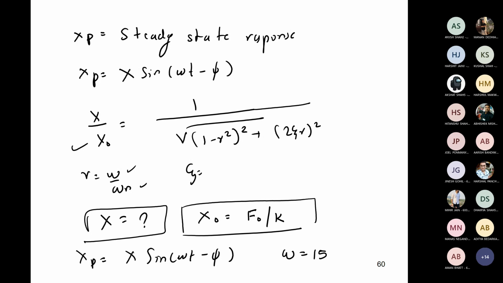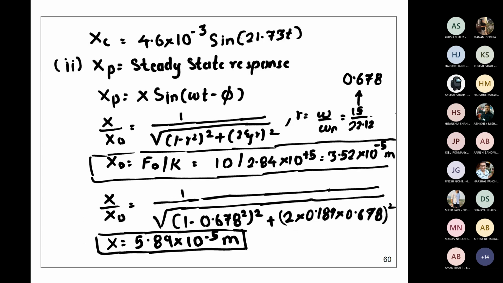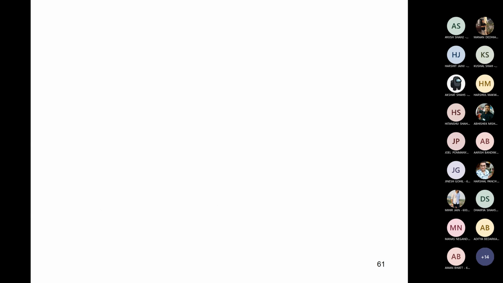How to calculate phase angle phi? What was the phase angle for the transient part? You have two phase angles. Now I am talking about phase angle for the steady state part.